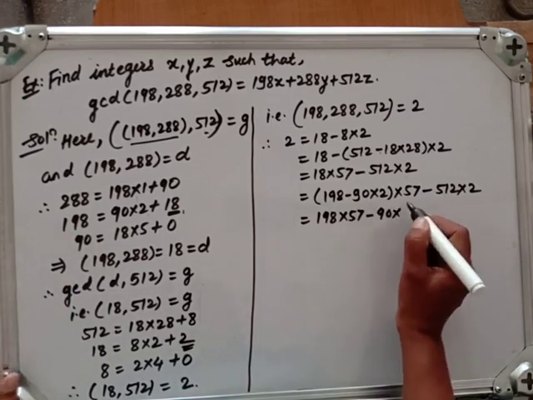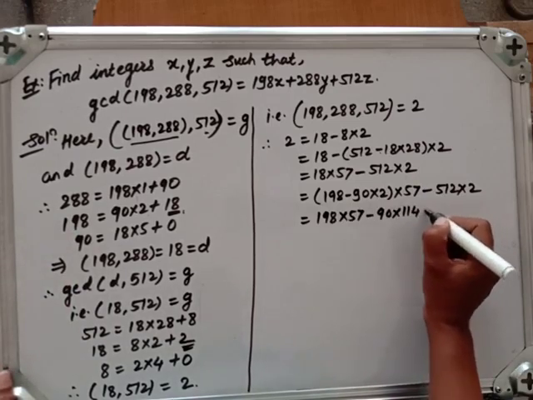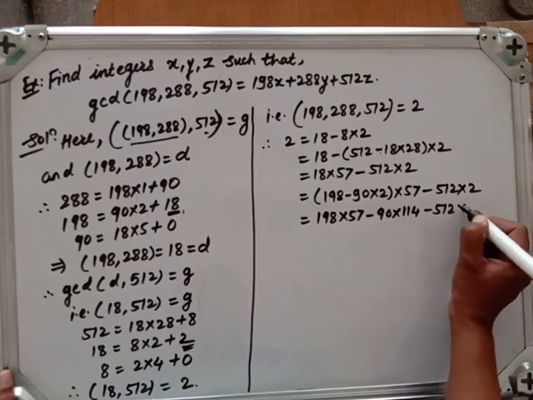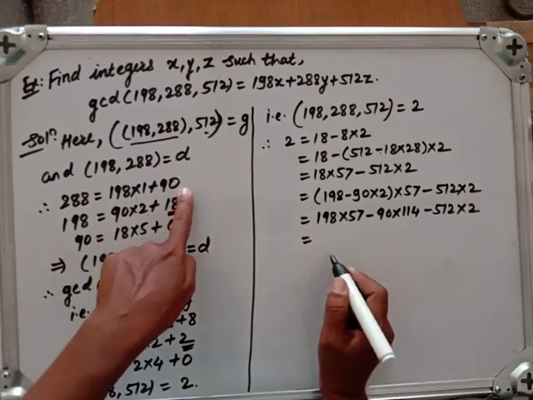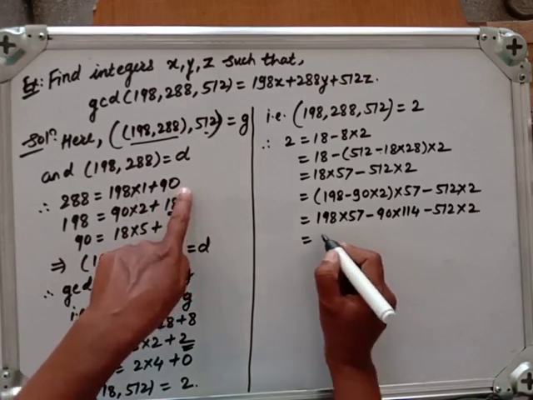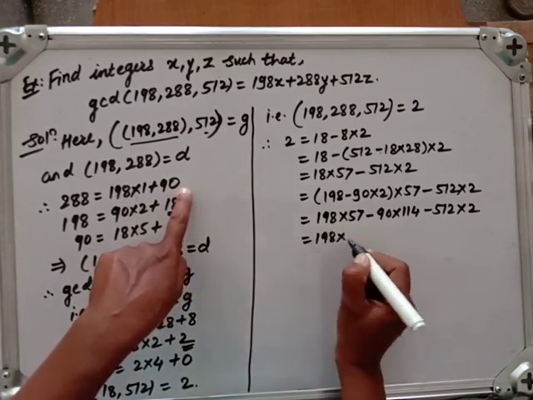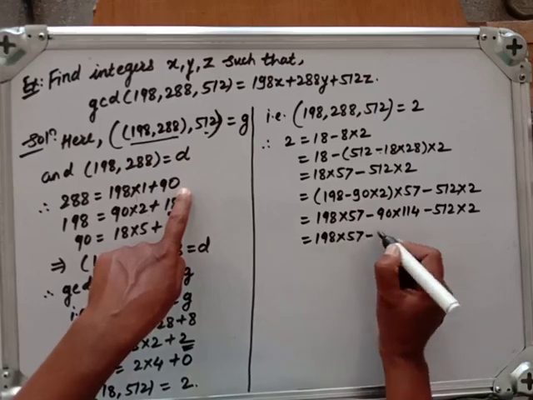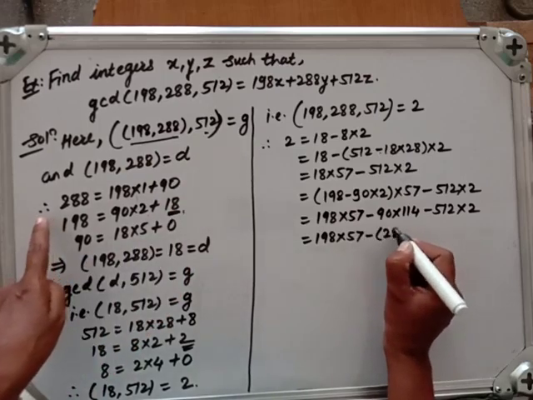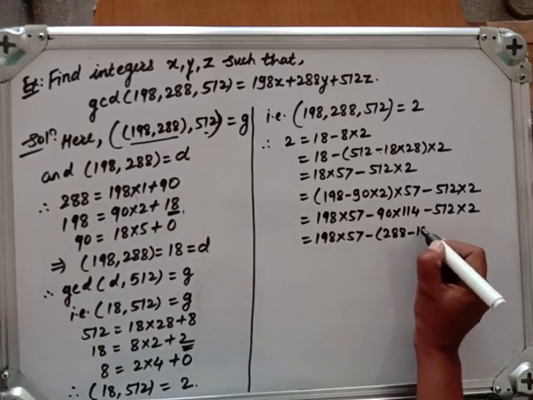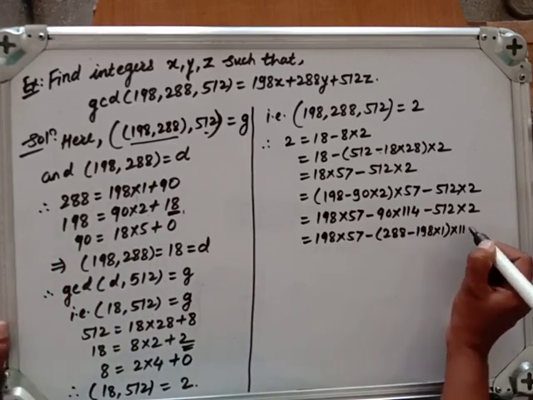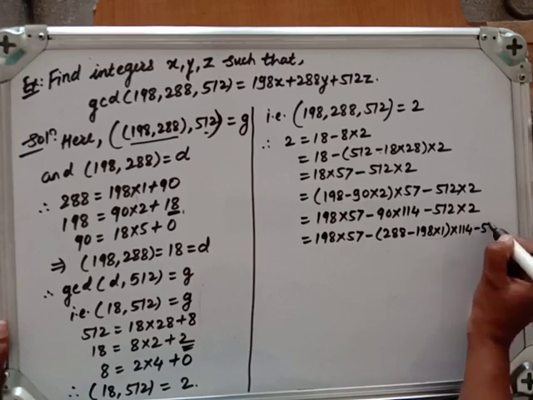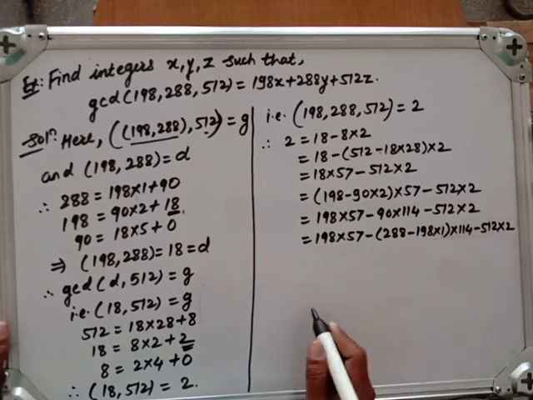So this is 198 into 57 minus 90 into 114 minus 512 into 2 as it is. Now here we have to put the value of 90 from this. So 198 into 57 minus (288 minus 198 into 1) into 114 minus 512 into 2 as it is.